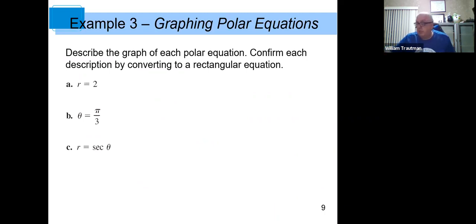All right, let's take a look at these 3 graphs here. And we're going to convert them to rectangular equations. If we go to our formula, r equals 2.